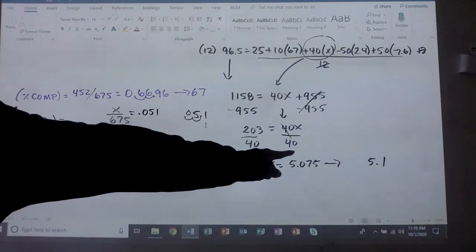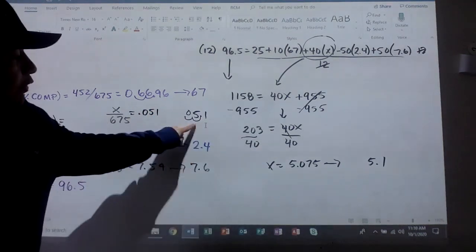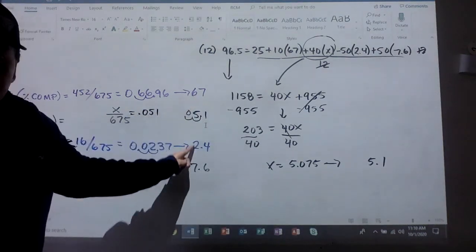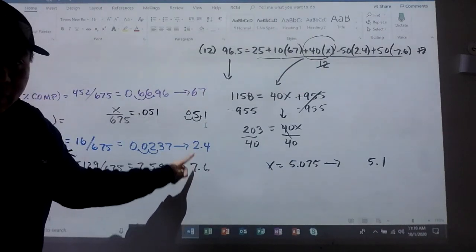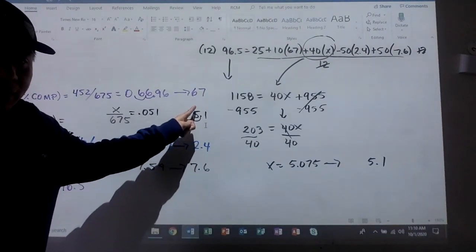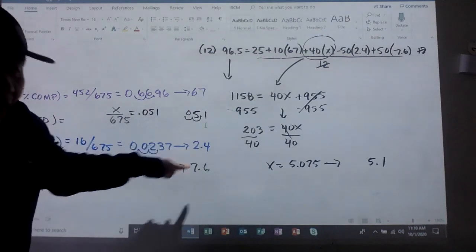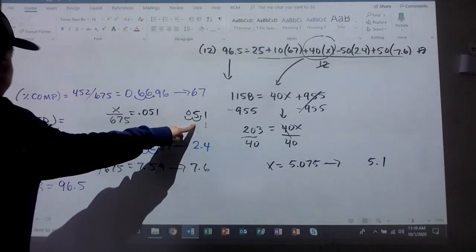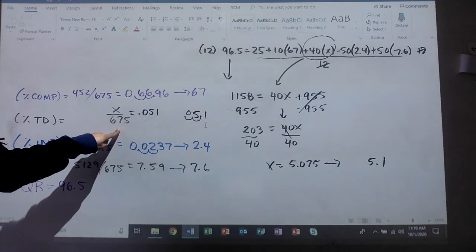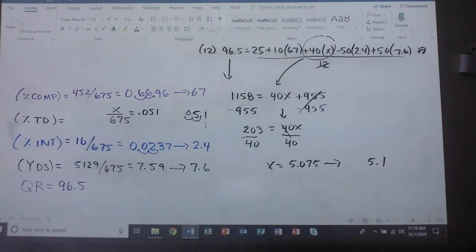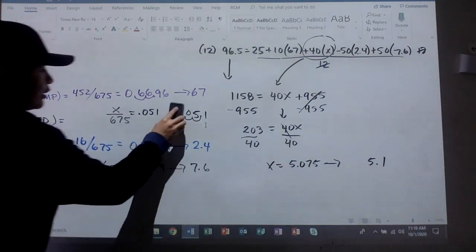Again, I took my 5.1 from this side and I moved it twice, because the 5.1 is just this portion here. Before I got to this step, I moved it twice to the right, so I gotta move it back, and I did. And I set it equal to the proportion I had at the beginning. Now my job is to solve for that X.